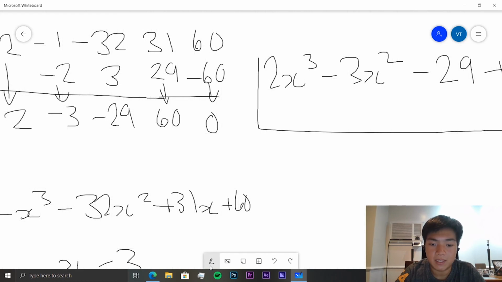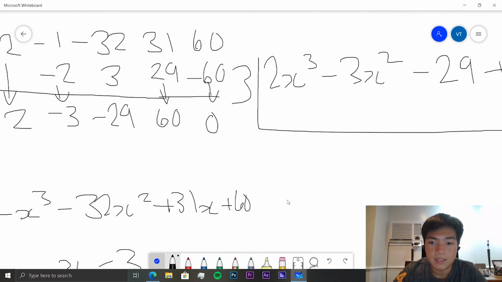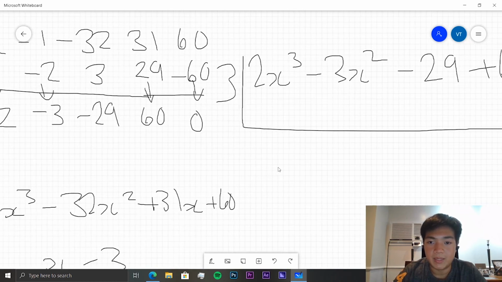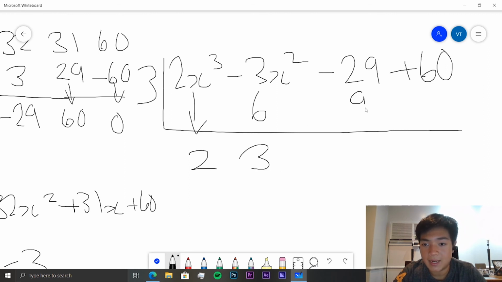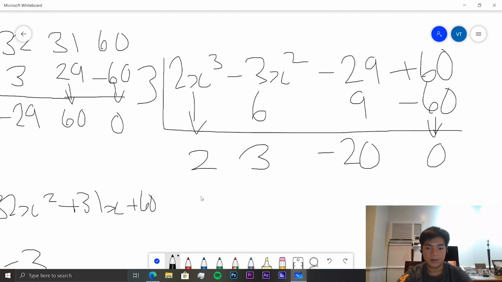So we have to divide this by 3. We drop the 2 straight down, 2 times 3 is 6. 6 minus 3 is 3. 3 times 3 is 9. Negative 29 plus 9 is negative 20. Negative 20 times 3 is negative 60. And so again, you can see we have 0 here. And so we're left with 2x squared plus 3x minus 20.